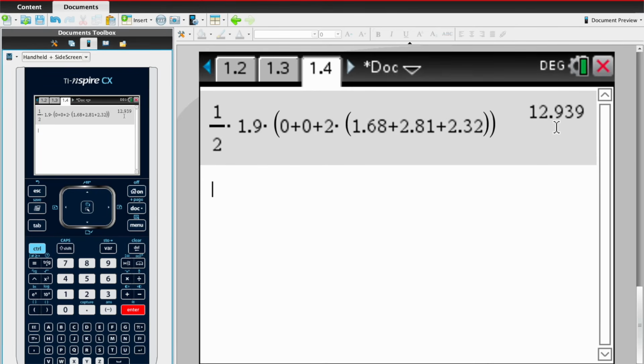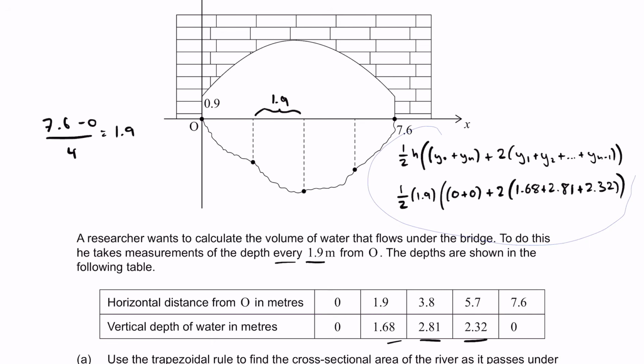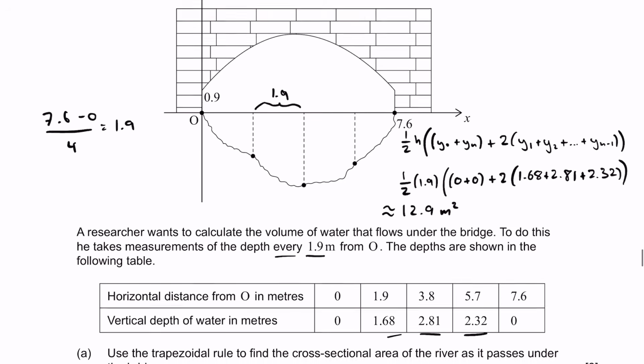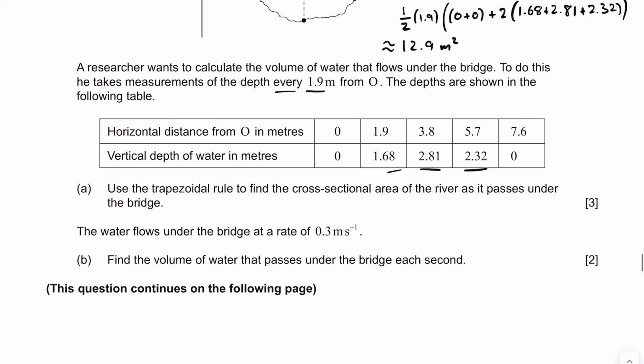Okay, so let's go back to the document here. Here we are. And our approximation of this cross-sectional area is 12.939, or what could we say, 12.9. And then what are our units? I suppose they are meters squared. Okay. Let's keep going.